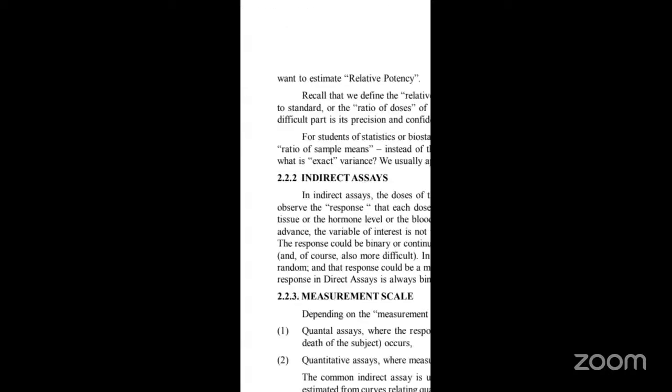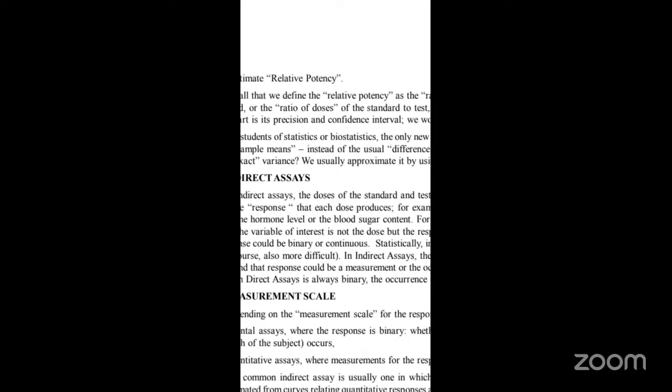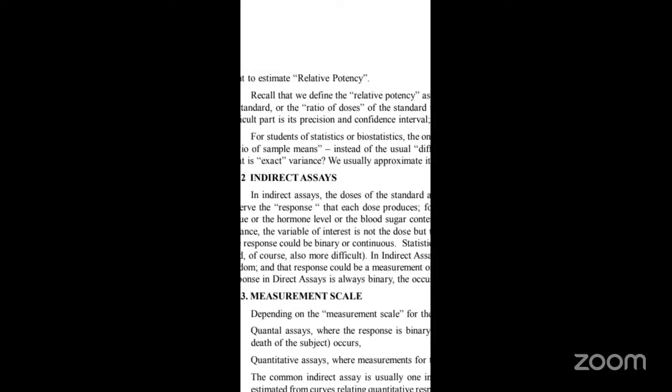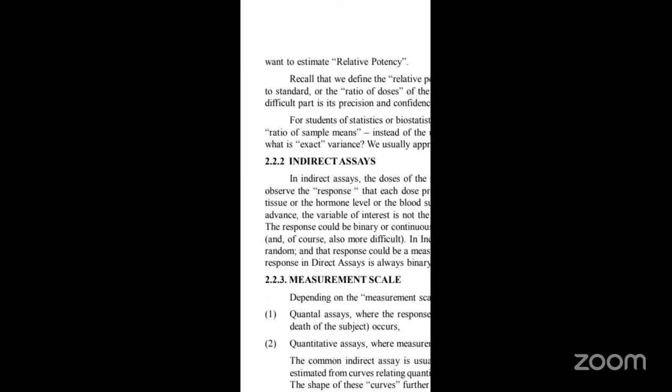We want to estimate relative potency. Recall that we define the relative potency as the ratio of concentrations of the test to standard, or the ratio of doses of the standard to test. The point estimate is easy. The more difficult part is its precision and confidence interval.